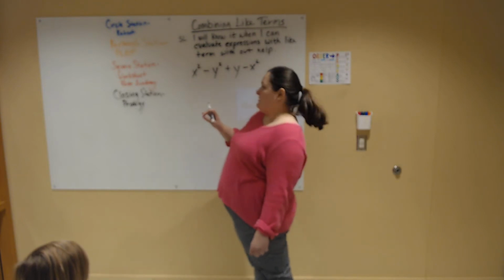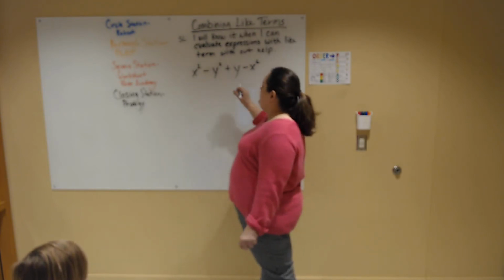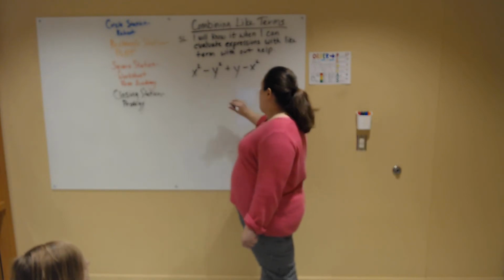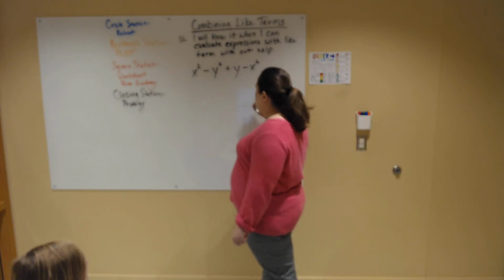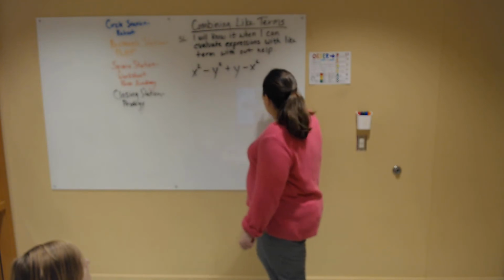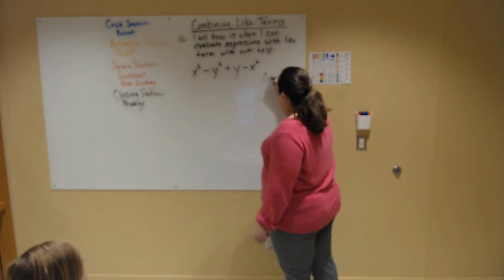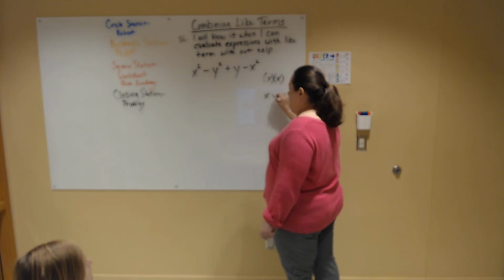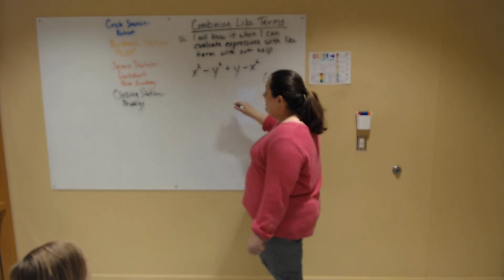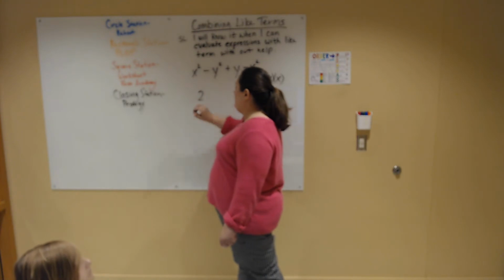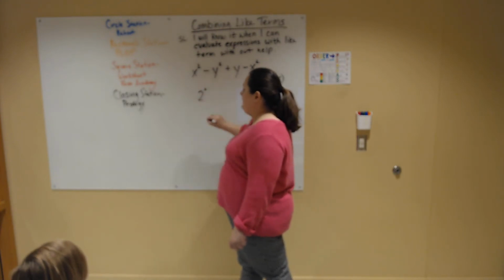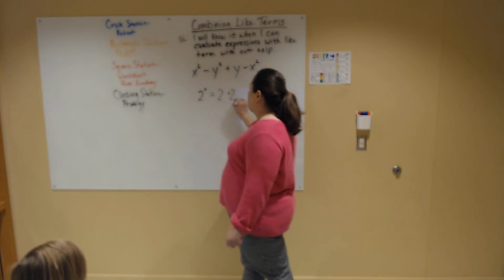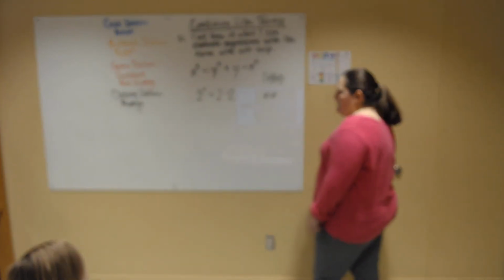Now, this is a trick, okay? Because if this x has an exponent, if we were actually to multiply it, it's going to be x times x. That's how we're going to write it. Just like when we were talking about if we had a 2 and it had an exponent of 2, it also equals 2 times 2. Okay?